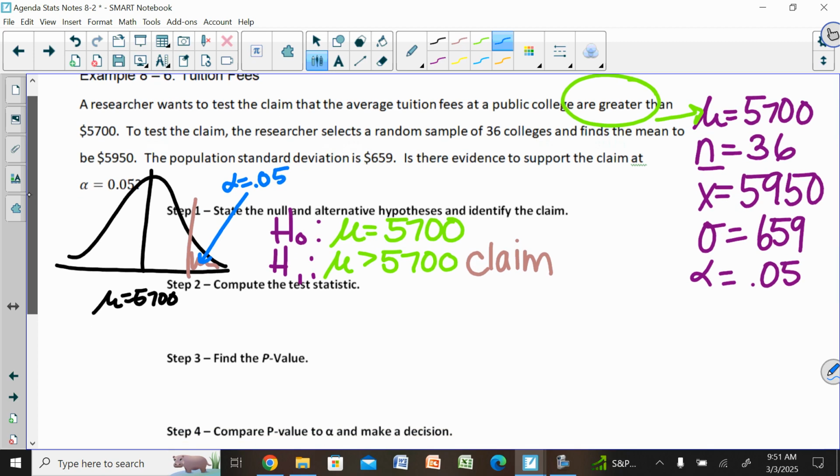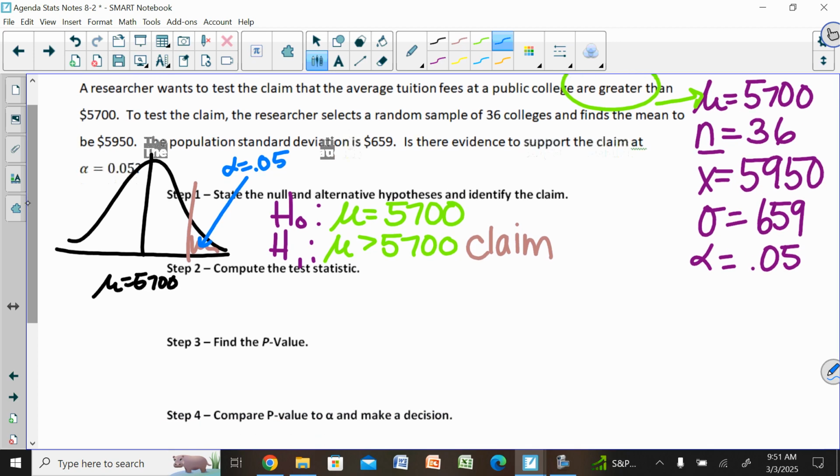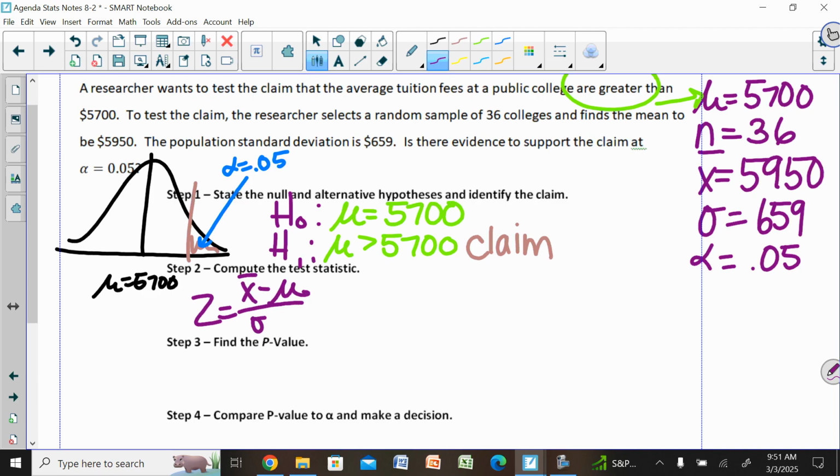So step 2, now we need to calculate our test statistic. So our test statistic, Z is equal to X bar minus mu, all divided by sigma over the square root of n. So I've got myself a 5,950 minus 5,700. The value from your hypotheses always goes second, in case you like to have a definite pattern.